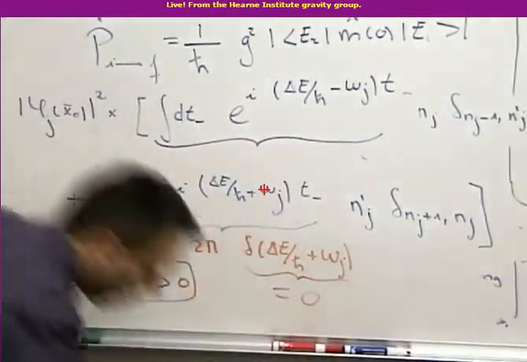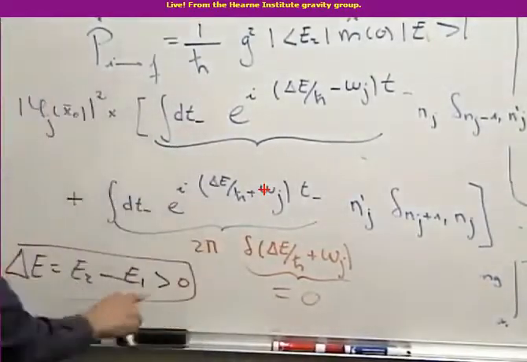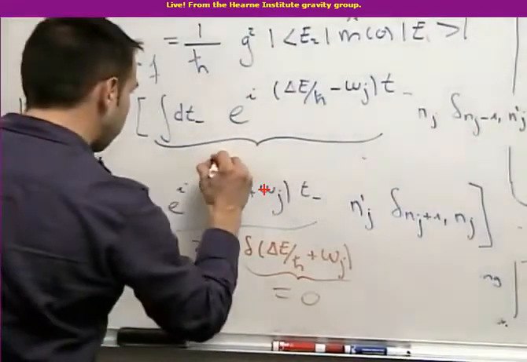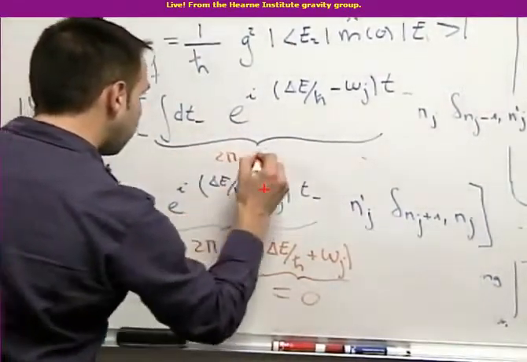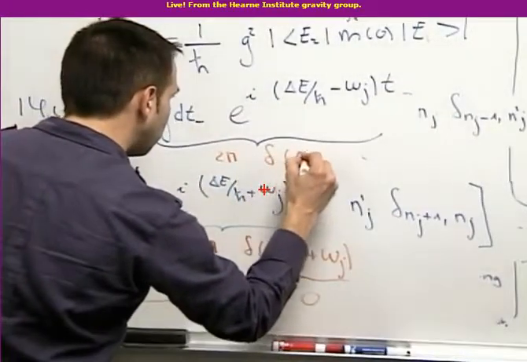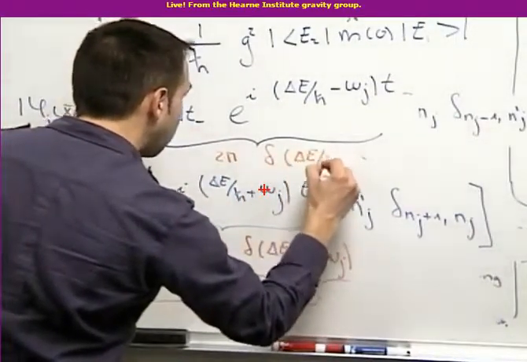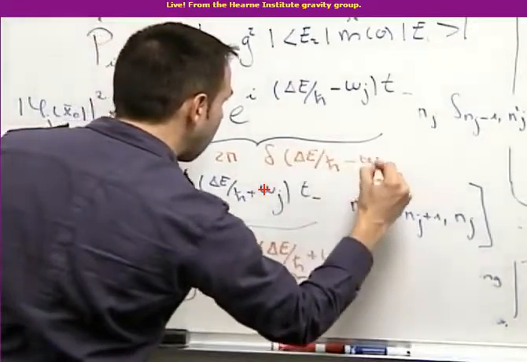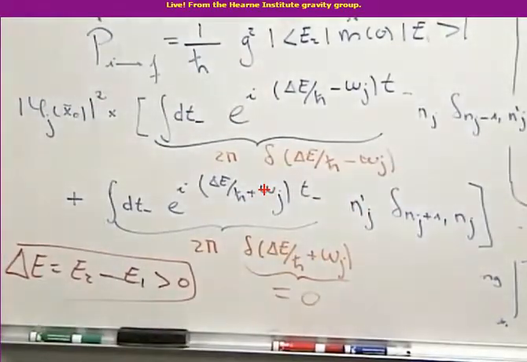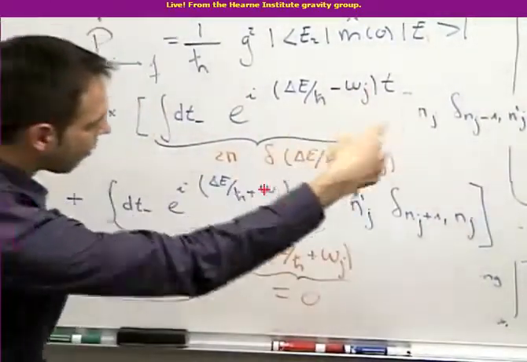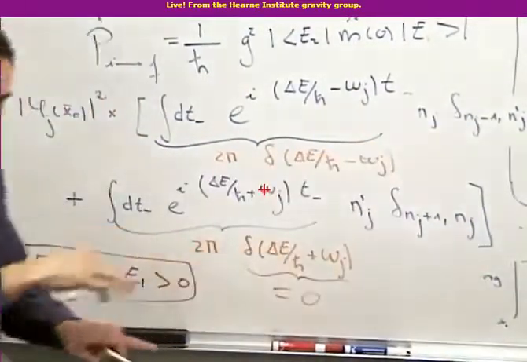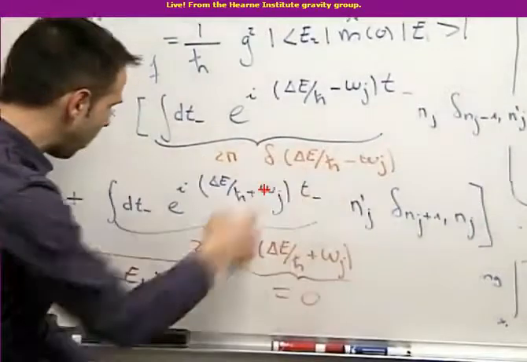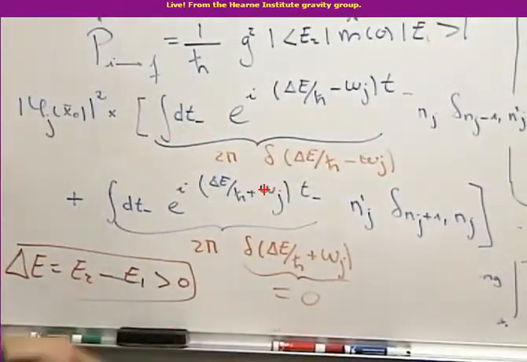So only the first term contributes. The first term is again 2 pi delta function, delta E over h bar minus omega j. And this goes in the right direction because that tells us that whatever the frequency of the mode of the field that is involved in the transition has to be equal to the energy of the two levels. So we are on the right track.